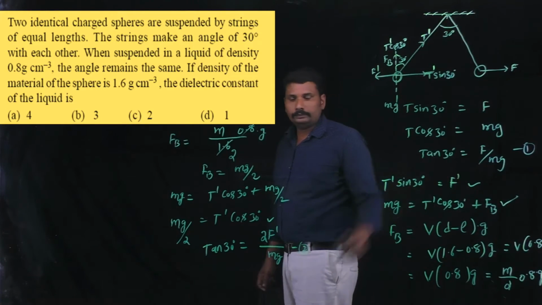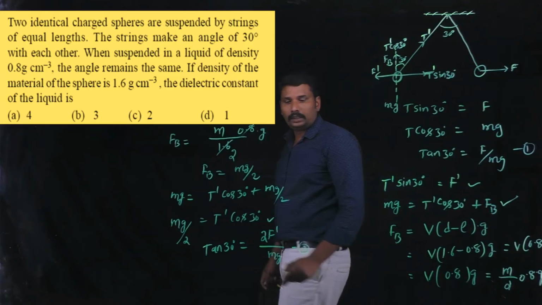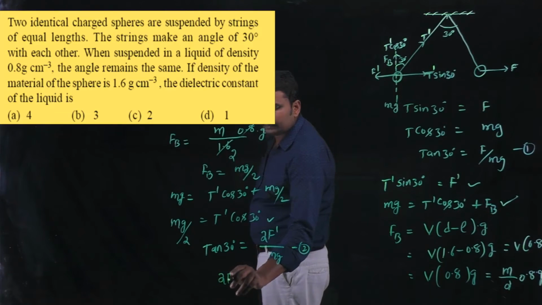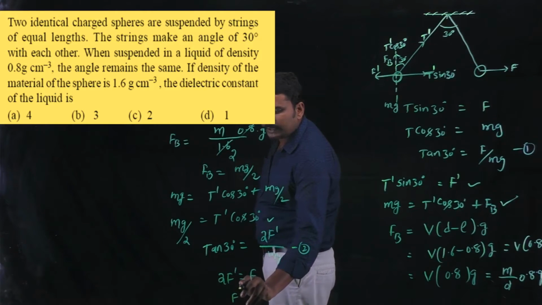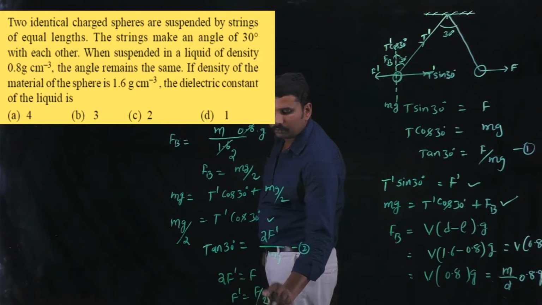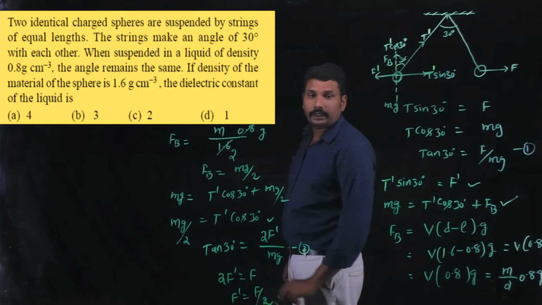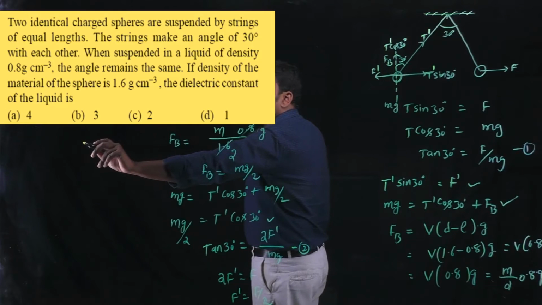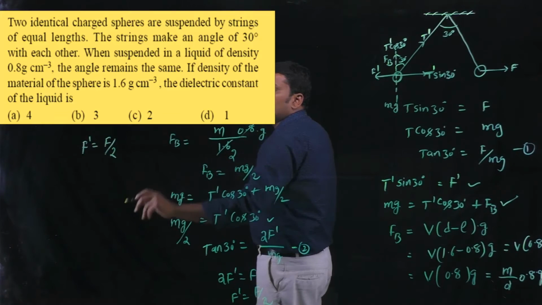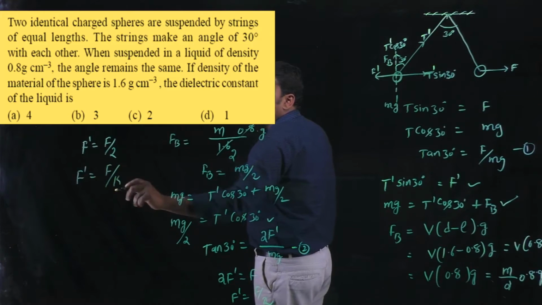From 1 and 2, the LHS are equal. By equating the RHS, we get 2f dash equals f. From this, f dash equals f by 2. This f dash can be written in the form of a dielectric, like f by k.